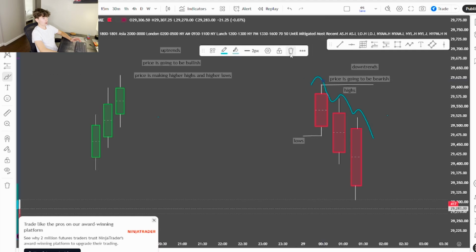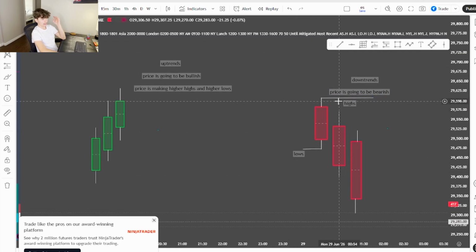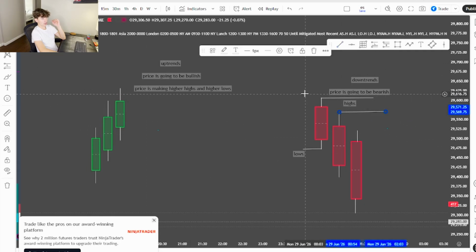But price is also creating lower highs and lower lows. So there's a high here in this 1 minute of price action, and then market opens here and it comes lower, creating this high here, but this high is lower than this previous high. Again, with the lows, it is also creating a lower low.